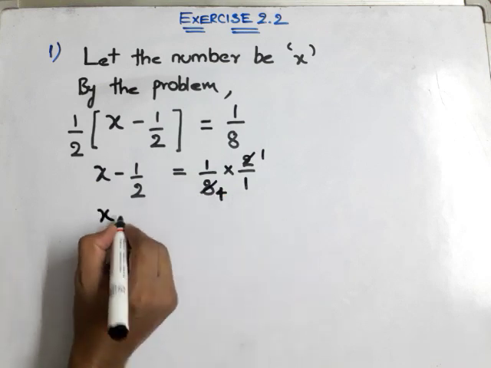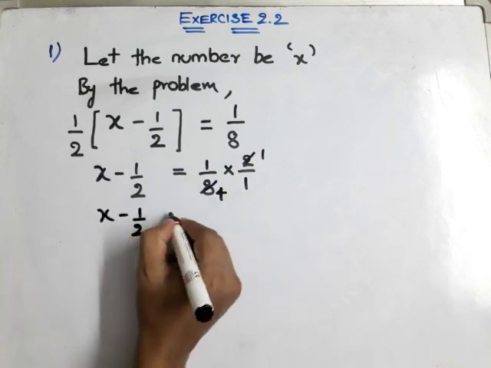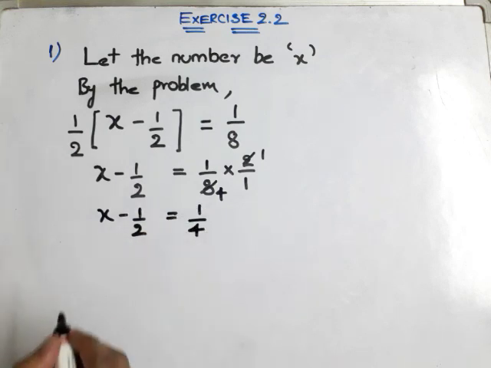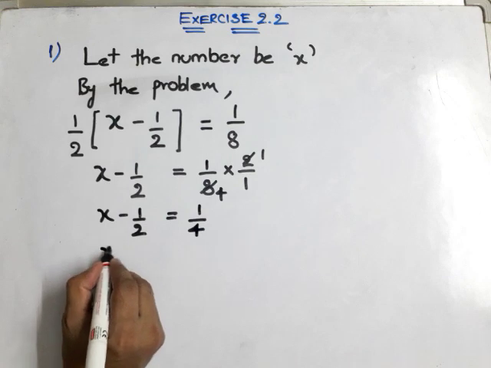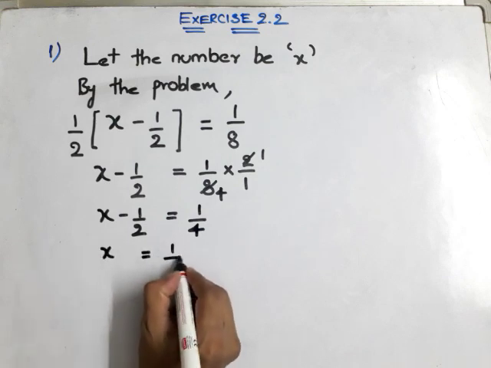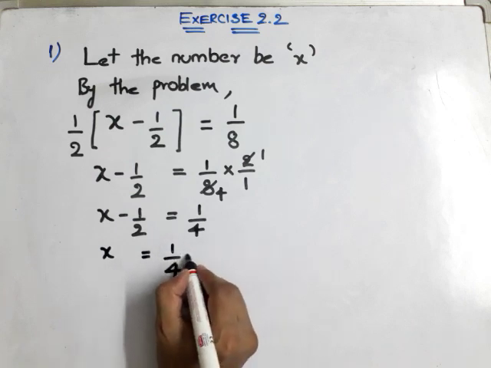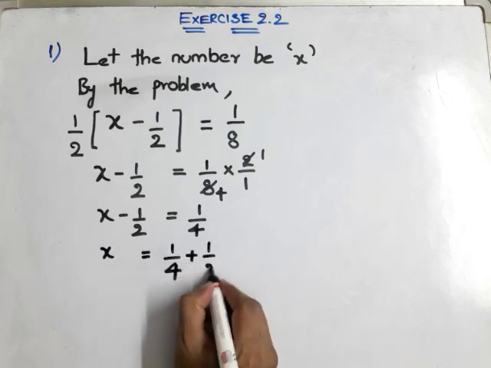Now the new value of x minus 1 by 2 is going to be 1 by 4. Now x is equal to 1 by 4. If we transpose minus 1 by 2 to the other side, it will become plus 1 by 2.